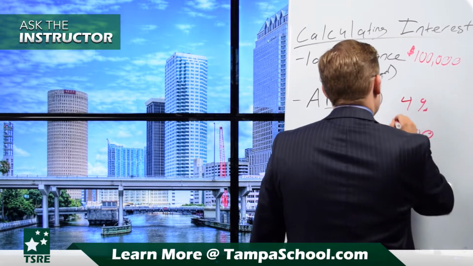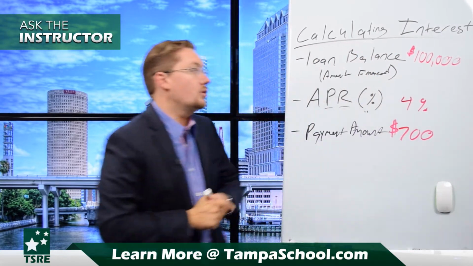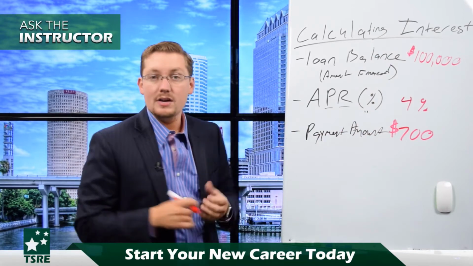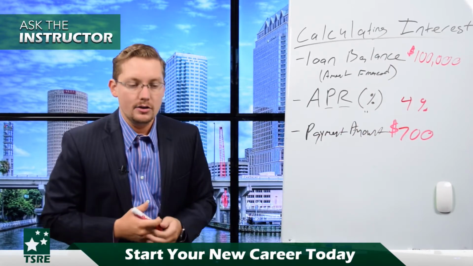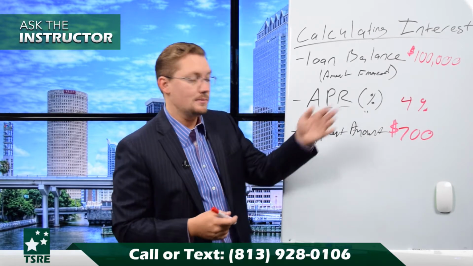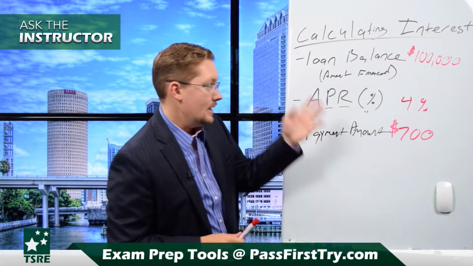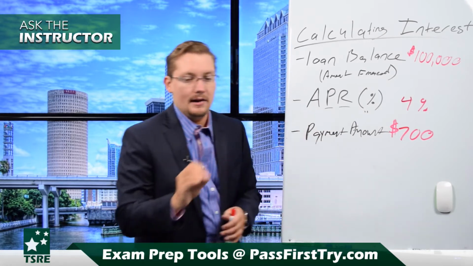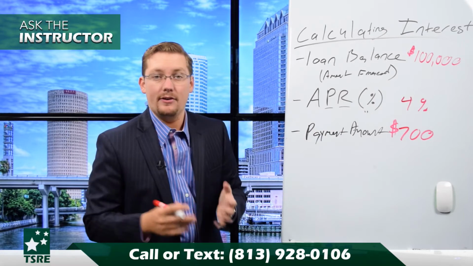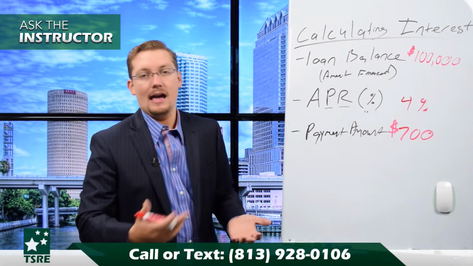So you need these three variables. If you don't have these three variables, you don't have enough information to amortize your loan. You can do some kind of calculations and sub in some of these numbers, but ultimately you need the loan balance, the APR, and the payment amount. And if you're watching these videos to study for your real estate exam, this is a very likely question to come up: how to amortize a mortgage.